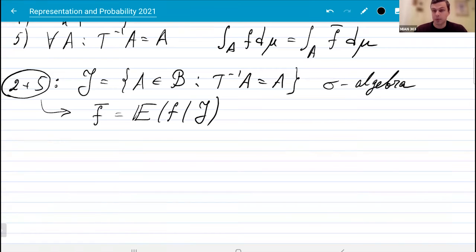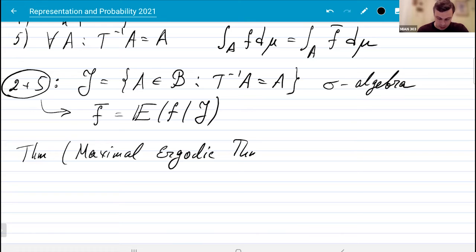The proof I'll explain is based on the so-called maximal ergodic theorem. It was not the original proof by Birkhoff. This proof was just about a decade later.